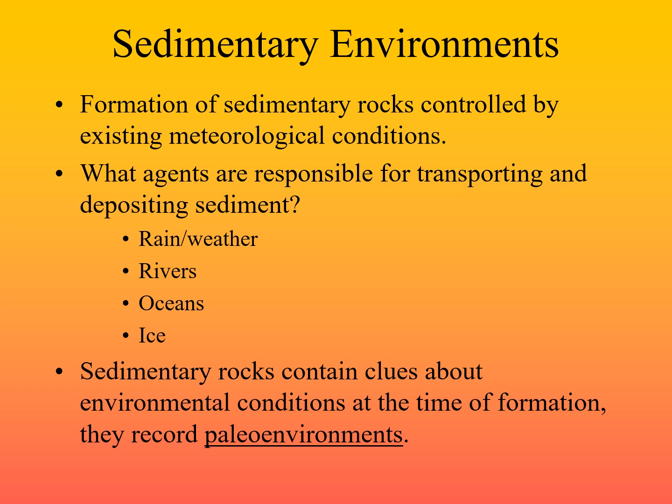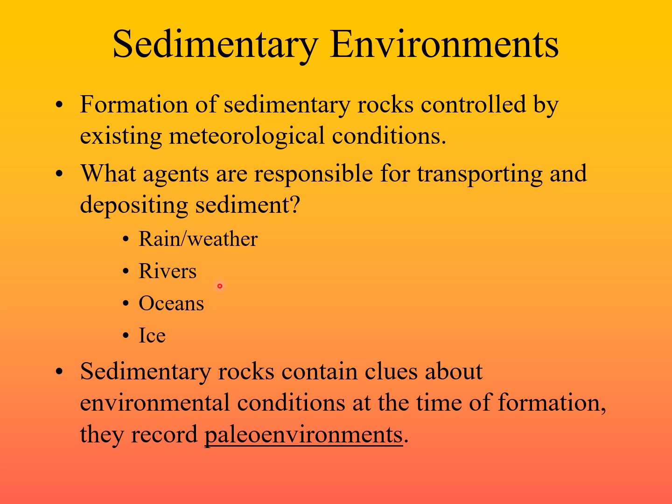And we use this to tell us something about the agents that are responsible for the transport and the deposition of these sediments. We can tell how much rainfall there was or how much wind there was. Was it a fairly calm environment or was it really stormy? These sorts of things. Were there lots of rivers around, and what were the styles of those rivers?